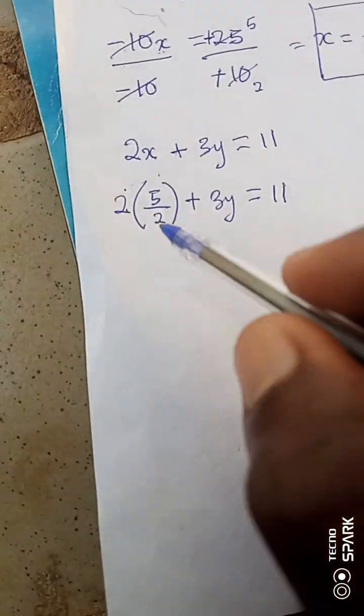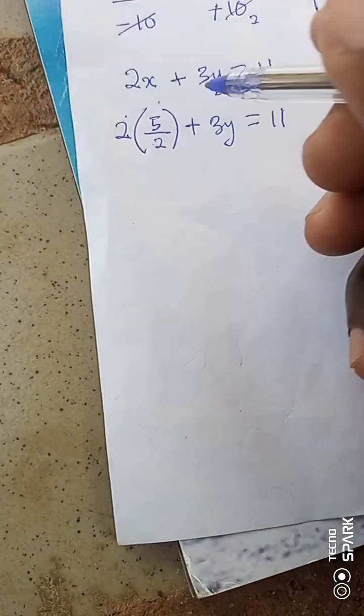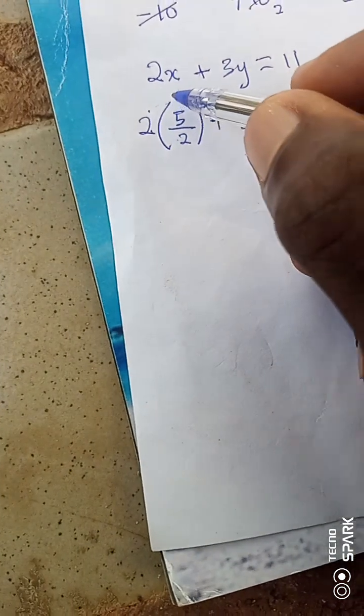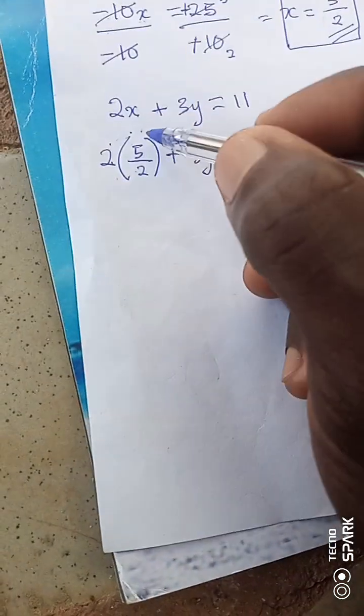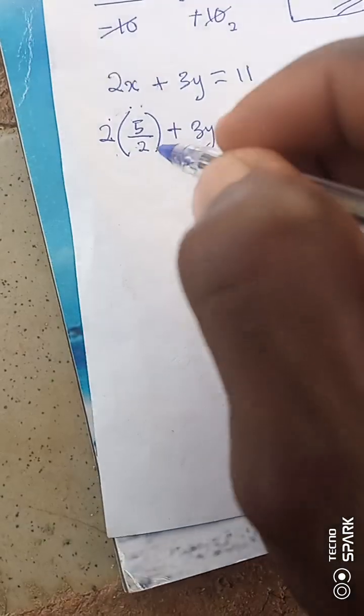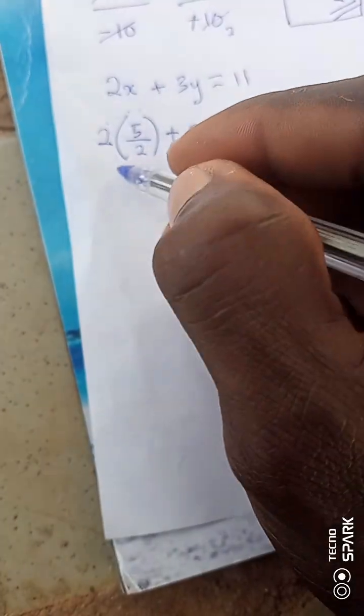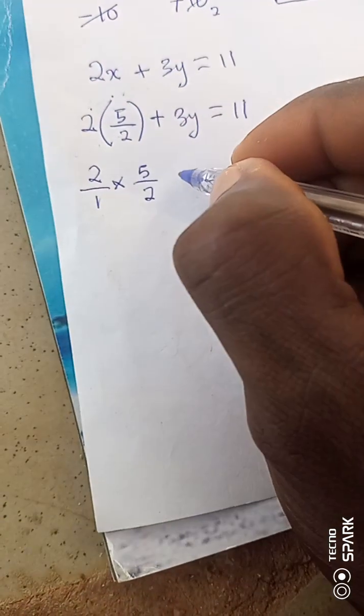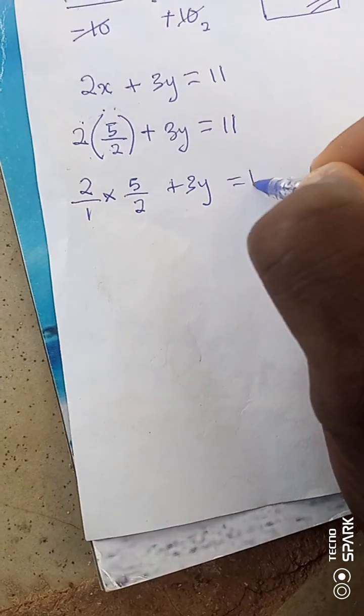So how can we solve this? I can open this bracket. What you are seeing here, 2 bracket 5 over 2, is still the same thing as 2 over 1 times 5 over 2, plus 3y equal to 11.